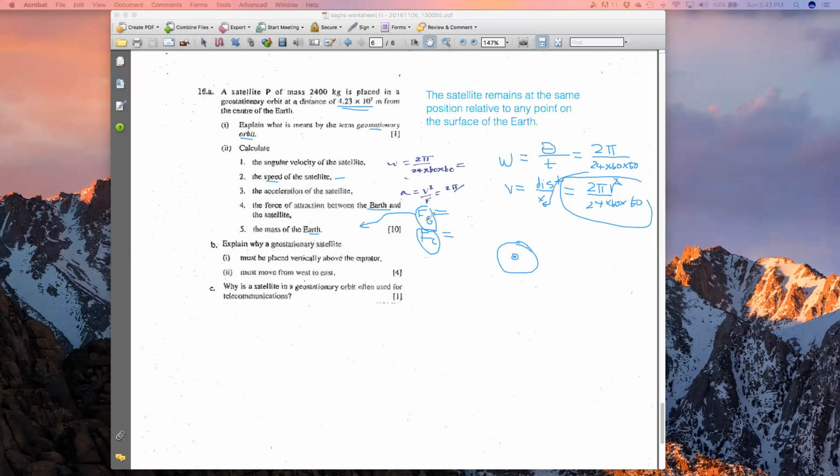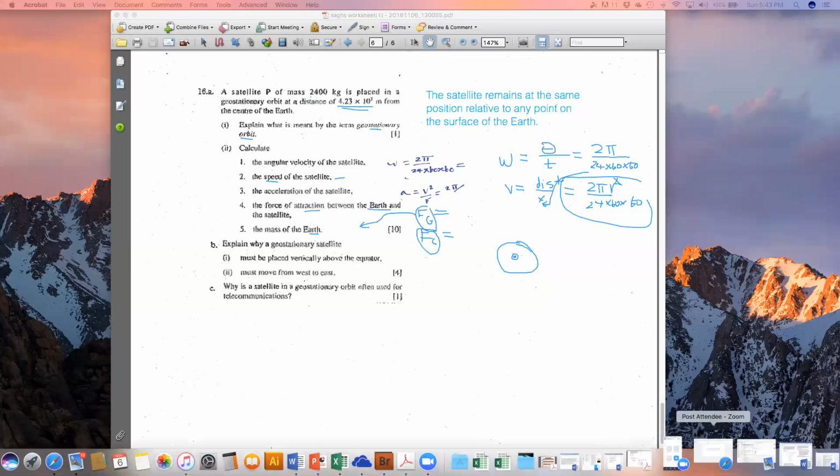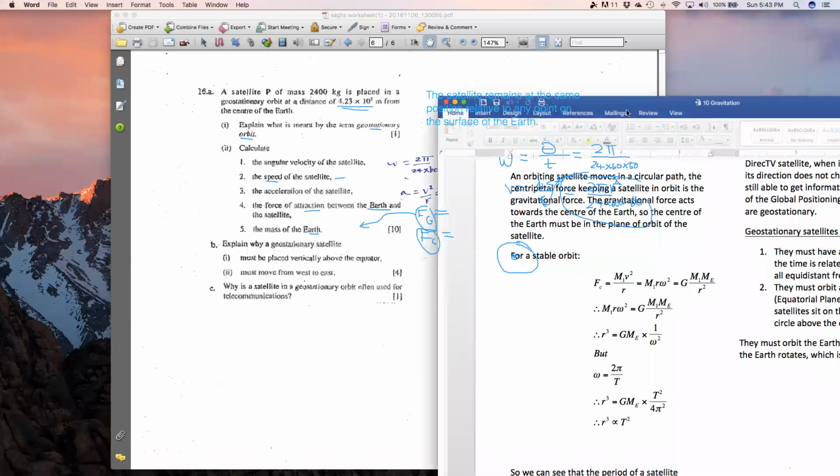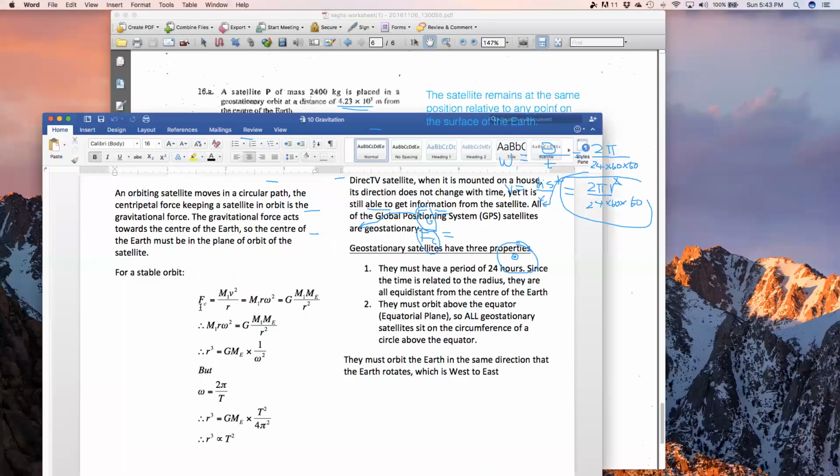So you could have used the centripetal force to find the attraction, and then use that attraction to find M. I showed this a little while ago, where I said Fc, the centripetal force, is this, but the centripetal force is also a gravitational force. Because we already got v and the mass of the satellite and the radius, we could find the centripetal force, which is equal to the gravitational force. And then we can use that identity to solve for the mass of the Earth.